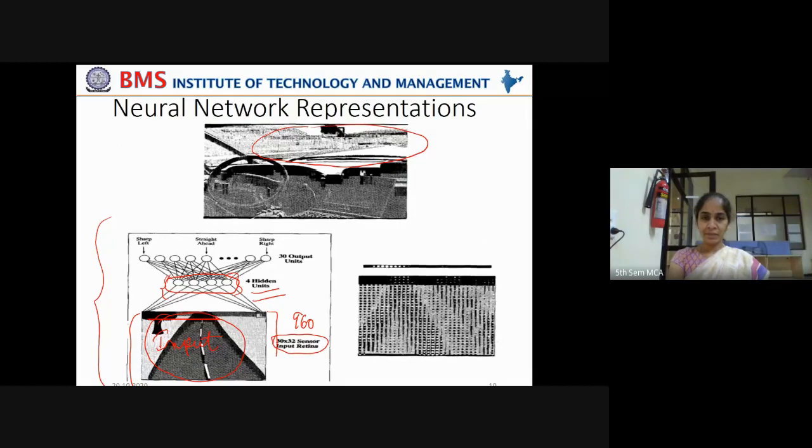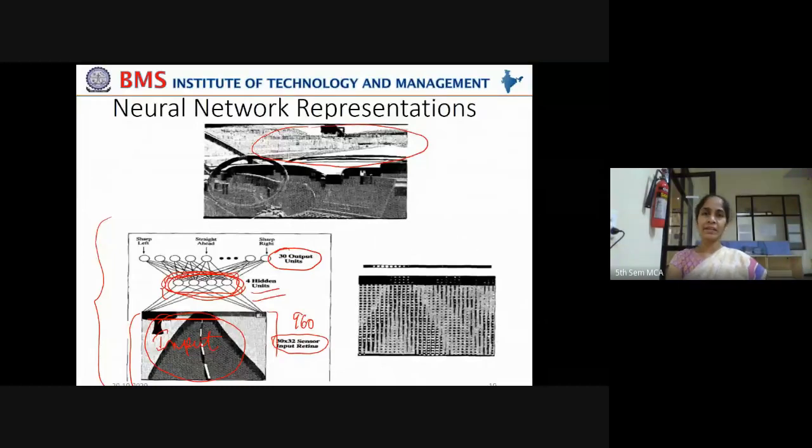Now this further processes the input data, 960 pixel data. Remember, this is not only 960 pixel data. Every second it gets 960 pixels of data, and it processes it quickly and gives as output 30 units.